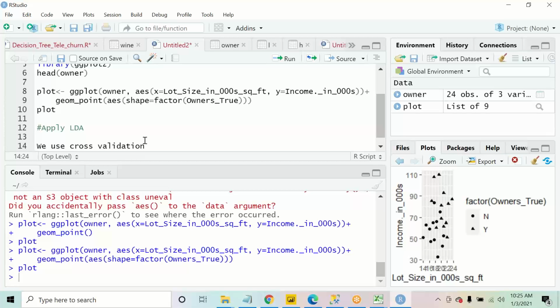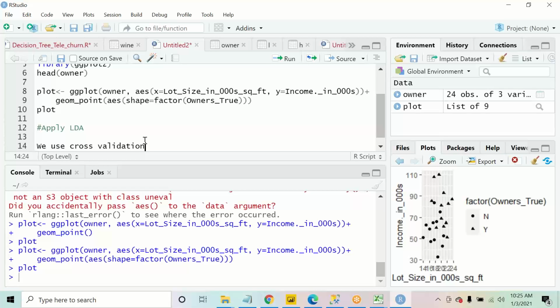And then it will go to the second row, and for that it will use the remaining 29 rows, that is the first row and the rows from third to 30. So leaving out the second row, it will use all of the other rows in order to predict the outcome for the second row, right?